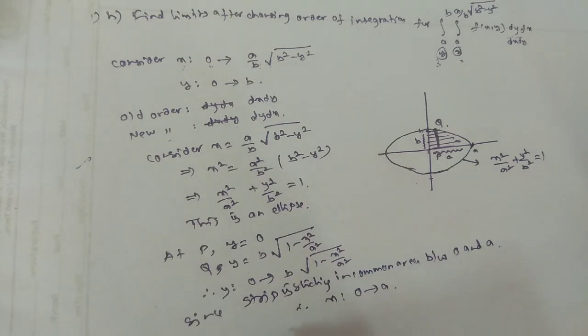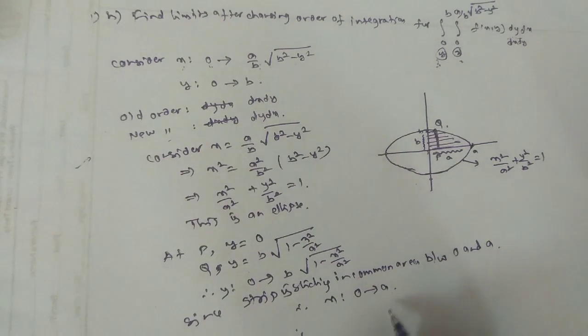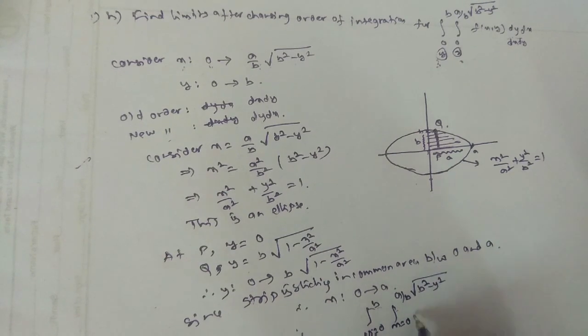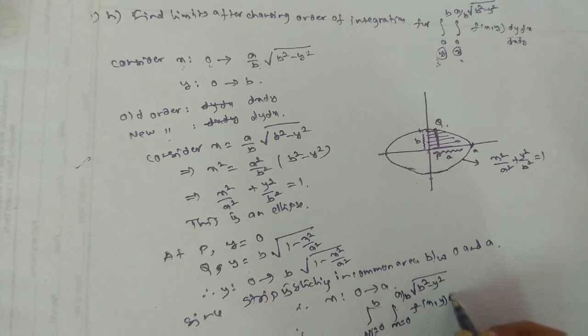So therefore you are given the integration. Your integral, as per the given problem, is the y integral from 0 to b, and the x integral from 0 to a by b under root of b square minus y square, of f of x comma y dx dy. Now this is equal to, write down your x limits, 0 to a.